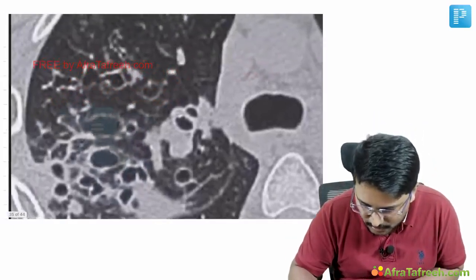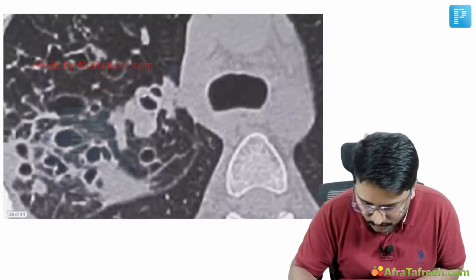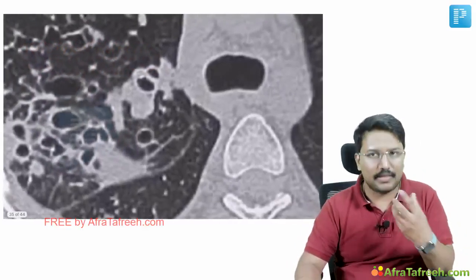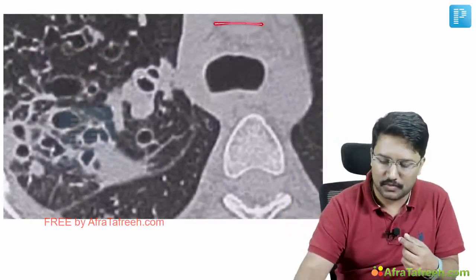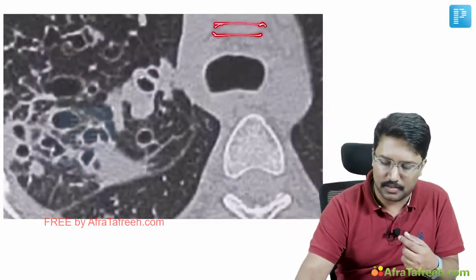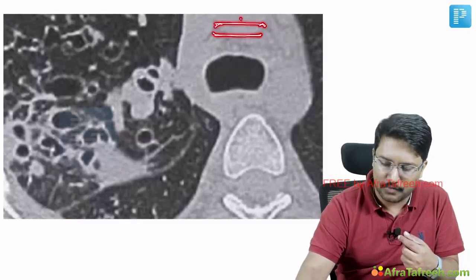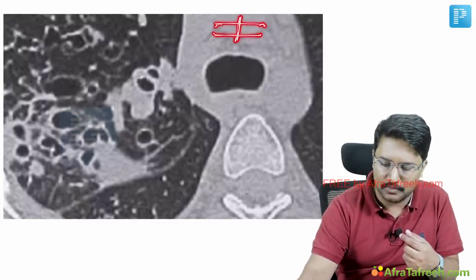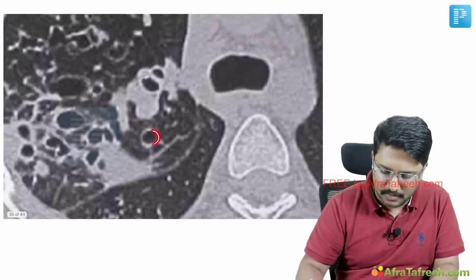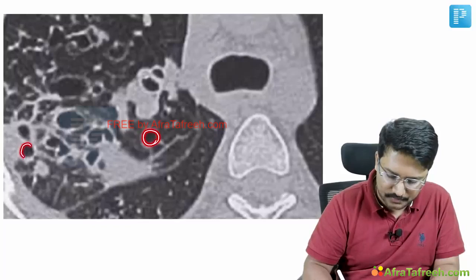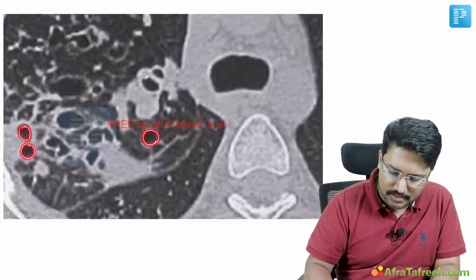If I can see an image, let me show you. Okay, difficult to appreciate here, but the same bronchiectatic segment when an end-on view is taken, right? So this was the bronchiectatic segment of the airway that I was talking about. Now, if you take a section here, if the end-on view is taken, obviously it will look like this, right? What is called the signet ring sign, which you can appreciate here, the ring sign, thickened bronchiectatic segments.